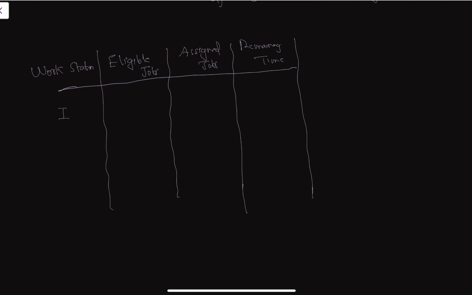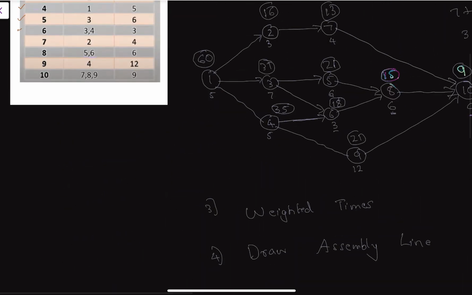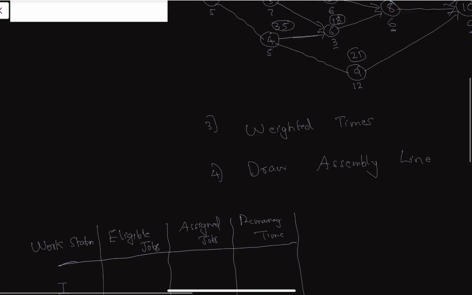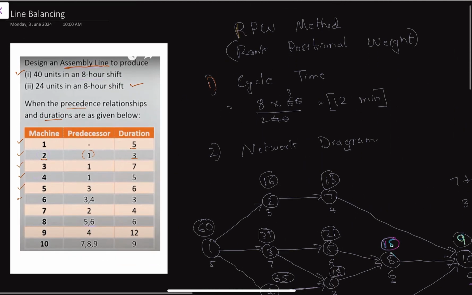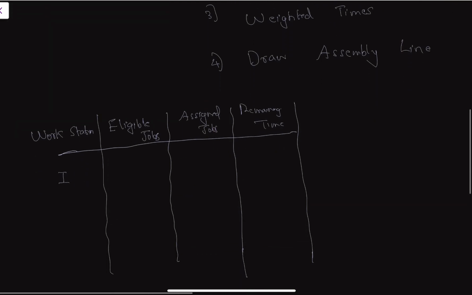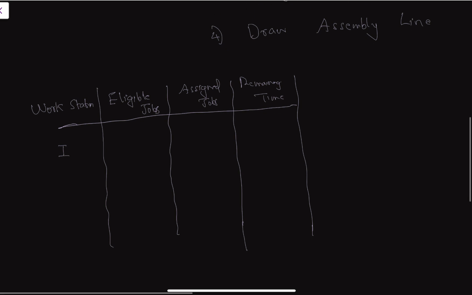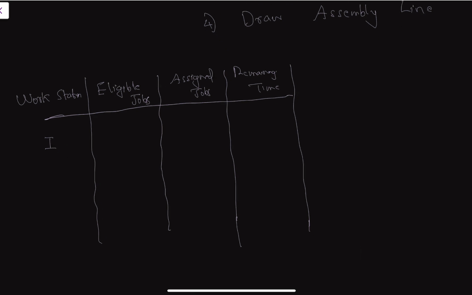What are the eligible jobs that can be included in this workstation? The eligible jobs are 1, 2, 3, like that. The cycle time is 12 minutes, so each workstation can take a maximum of 12 minutes, right? So initially the remaining time is 12, meaning we have not found any eligible job.